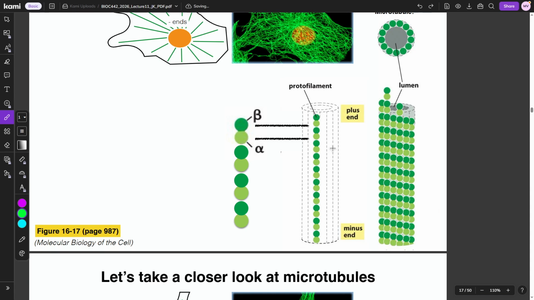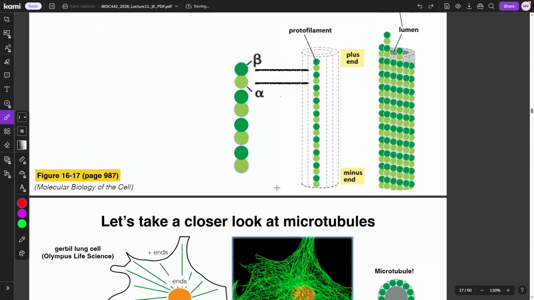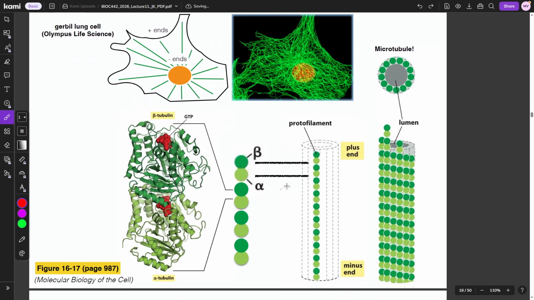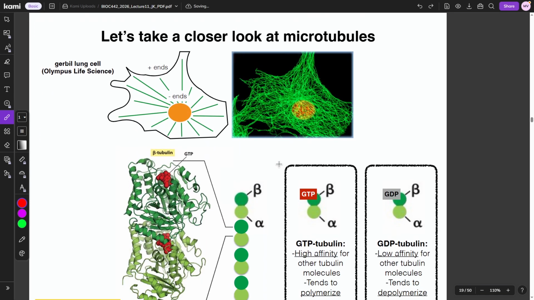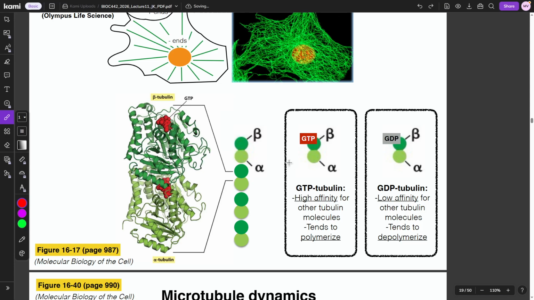And like I said, you circularize these things like this to make a microtubule. I'm actually going to switch to red because now we're looking at green stuff. So, I already talked about this stuff. Just remember, right, that the GTP binds, specifically in our case, mostly to the beta subunit, or the beta tubulin.